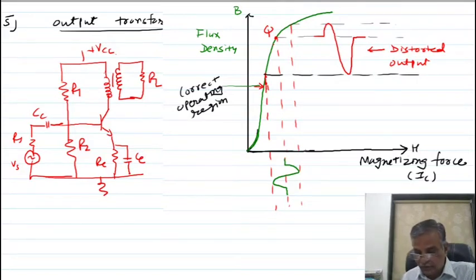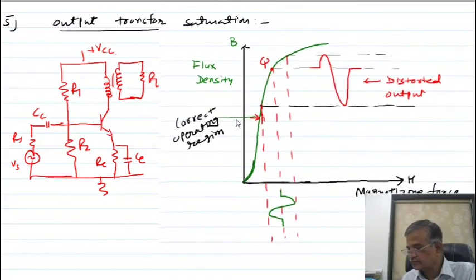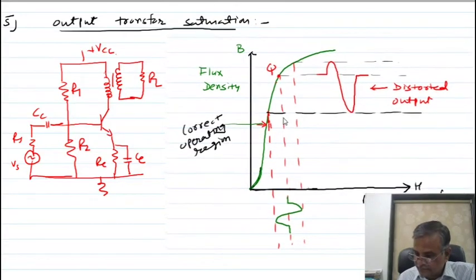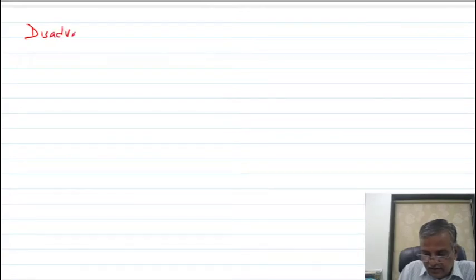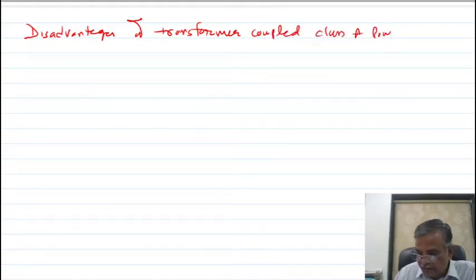So whatever we have discussed is a discussion of the problem or drawback of the transformer coupled amplifier. So somebody is asking you, what are the drawbacks of transformer coupled class A power amplifier?